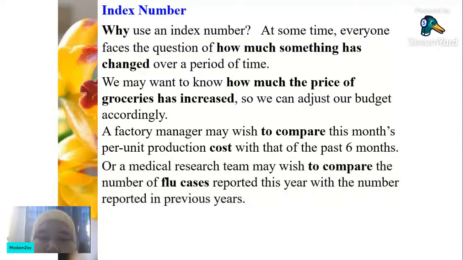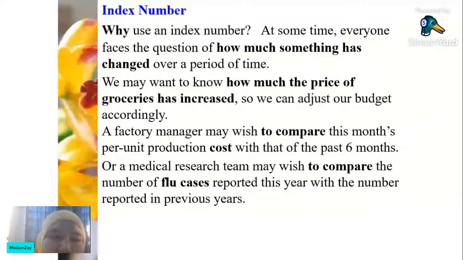And then a medical research team may wish to compare the number of flu cases reported this year with the number reported in previous years. So this is in the medical field. They are using statistics to find out the pattern, to find out what is happening in the country and how to fight what happened.